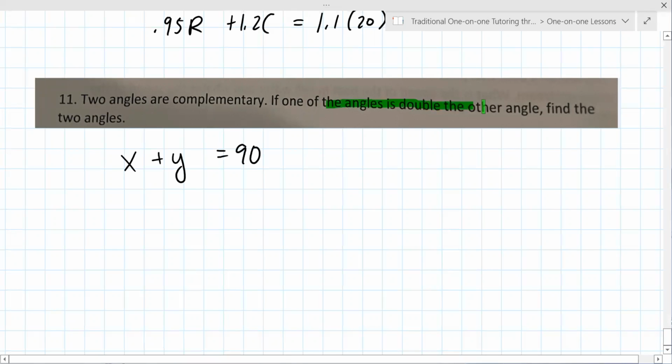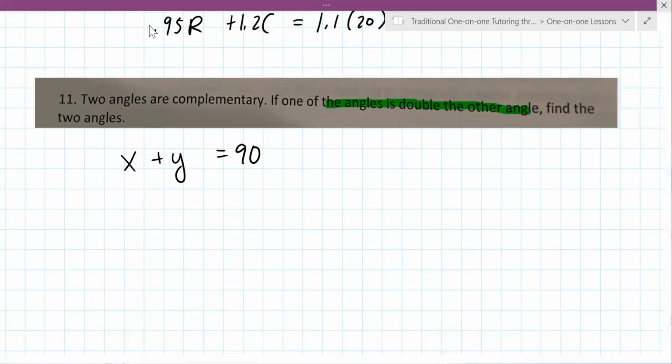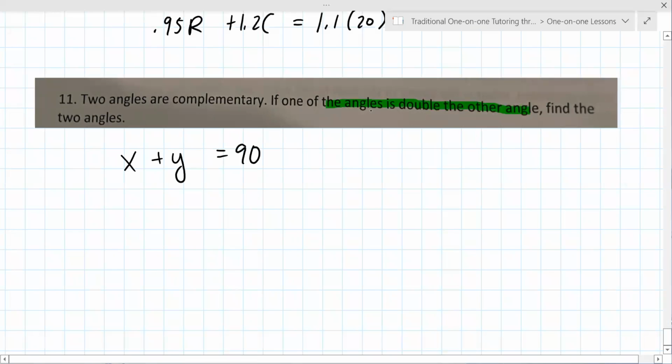If one of the angles is double the other angle, double. Okay, so pick an angle. Pick either x or y. So x. x equals. Is means equals. What is double as a number? 2. And what is the other angle now? y. There you go. So there's your other equation.